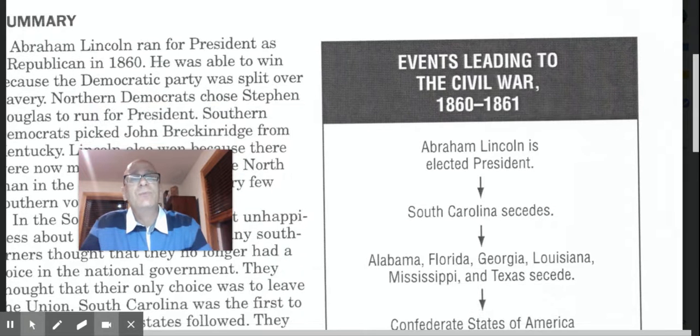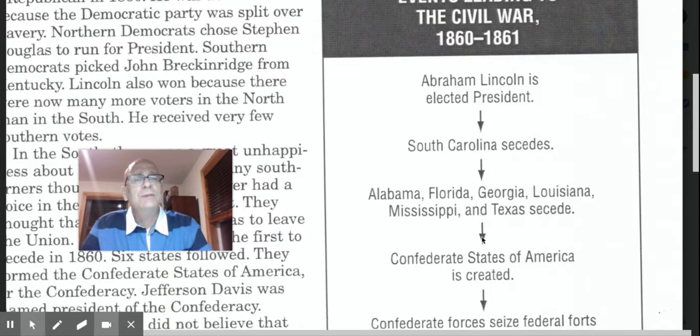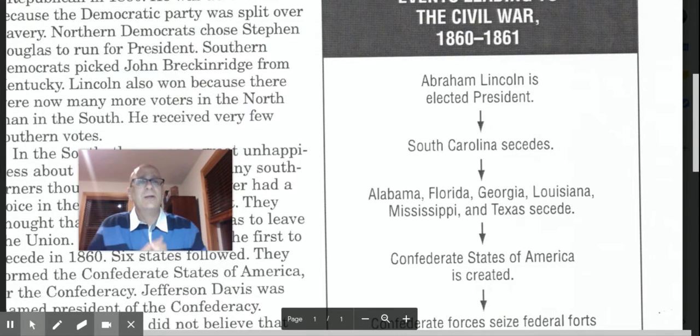As a result, South Carolina will become the first state to secede, in effect forming its own country, along with Alabama, Florida, Georgia, Louisiana, Mississippi, and Texas. 7 states will leave the Union before Lincoln takes office in March of 1861. Those 7 states later will become 11 states. 4 more will secede after Lincoln takes office.